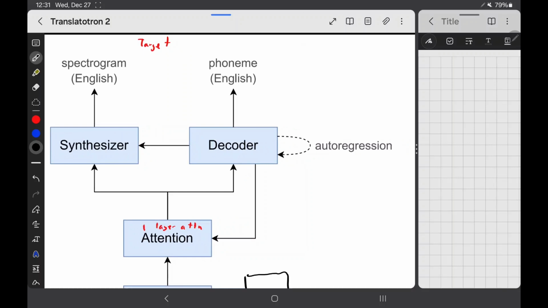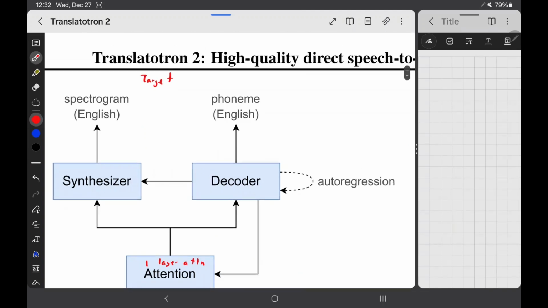So a phoneme is basically just like the basic parts of speech. So you can think of this as like a transformer predicting text. So it would predict it one word at a time. So it would predict the, cat, sat, and so on. You have a vocabulary, it's discretized. The phonemes are exactly the same, except it's for speech. So you're just predicting this sequence of phonemes in the source language, or in the target language.